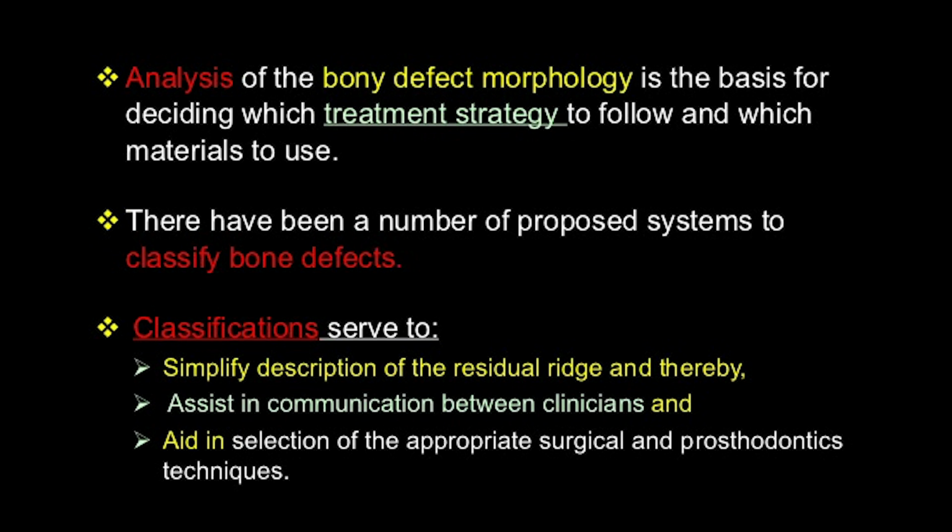This classification of bone defects will serve to simplify the description of the residual ridge and thereby assist in the communication between clinicians, and will also aid in the selection of the appropriate surgical and prosthodontic techniques or treatment that the patient will receive.